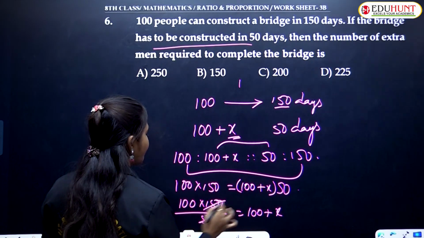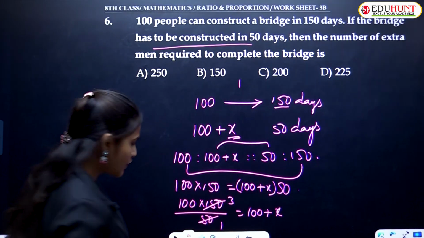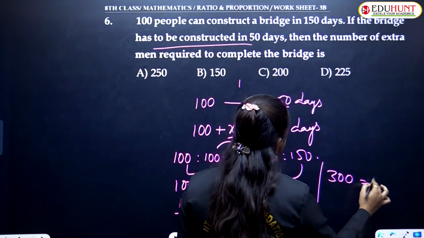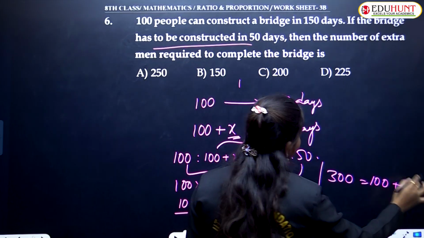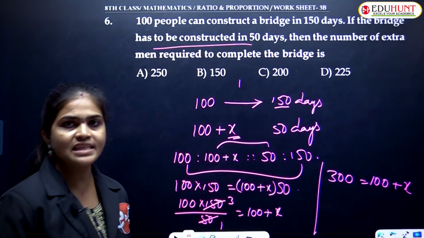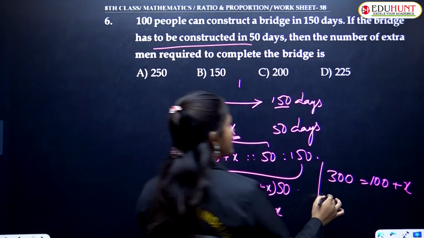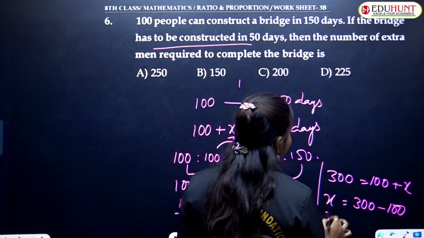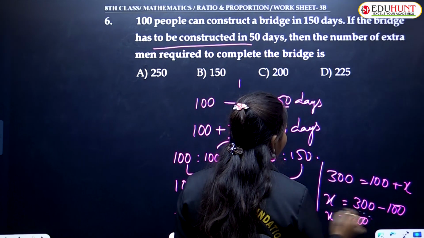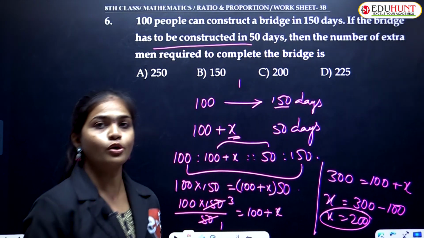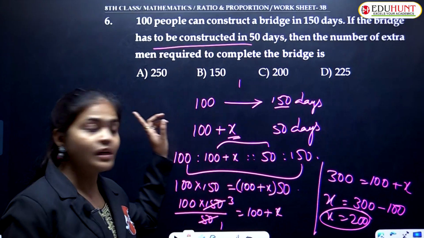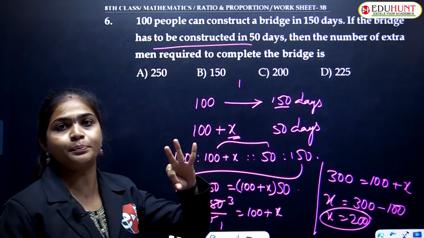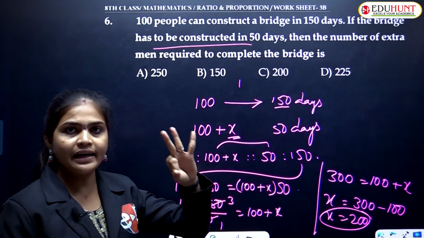So 5 3s are 150. So 3 into 100 is equal to 300, which is equal to 100 plus x. So x is equal to 300 minus 100, so x is equal to 200 more people required. So totally 300 people are required to construct that bridge in 50 days.